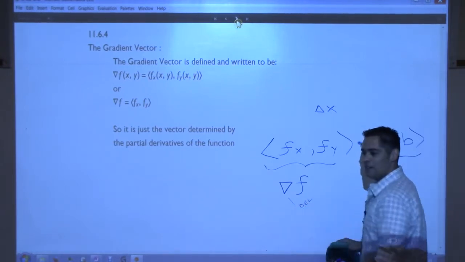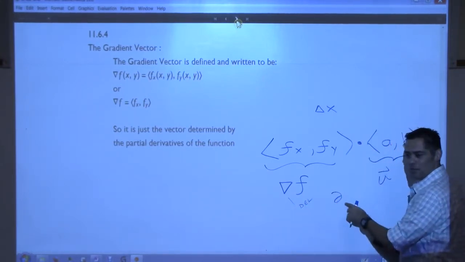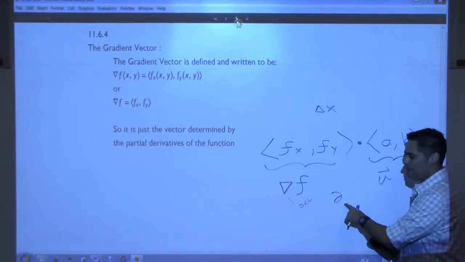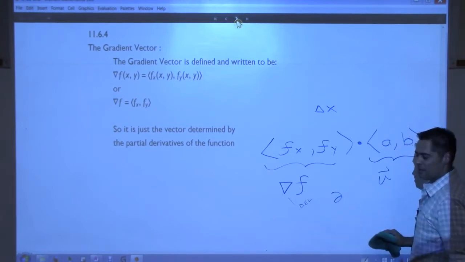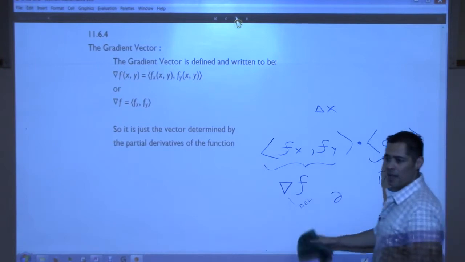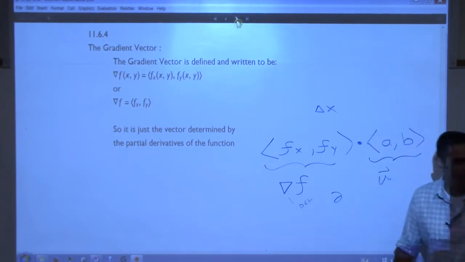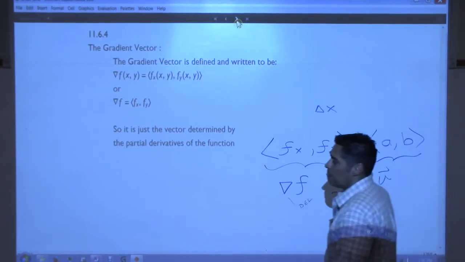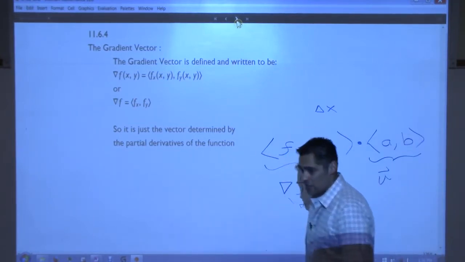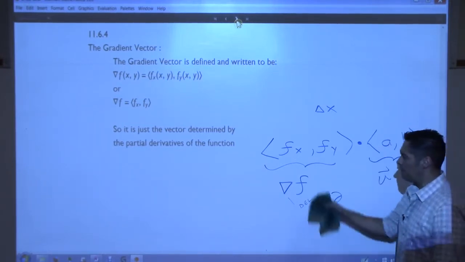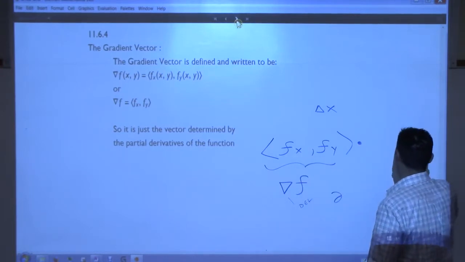It's called del, which is also what I told you this symbol is called for the partial derivative. So same name for two different symbols. It's confusing, I understand. So del F, you'll hear me say del F, and that's what I'm referring to, all right? So just remember that the gradient vector is exactly that. It is a vector, and it's just made up of partial derivatives. That's all it is. Gradient vector is just a vector with the components being partial derivatives.